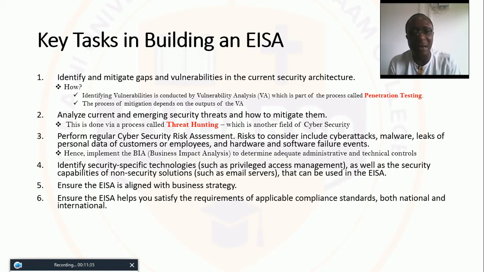You cannot make an enterprise information security architecture which is not aligned with the business strategy of the organization. Security should be extracted from how the company operates. Financial institutions need a different solution to academic institutions, as I said, and other institutions. So the EISA must be in line with the business strategy.